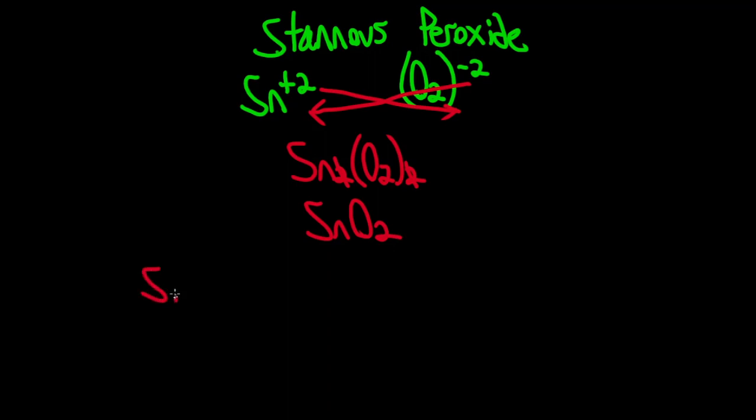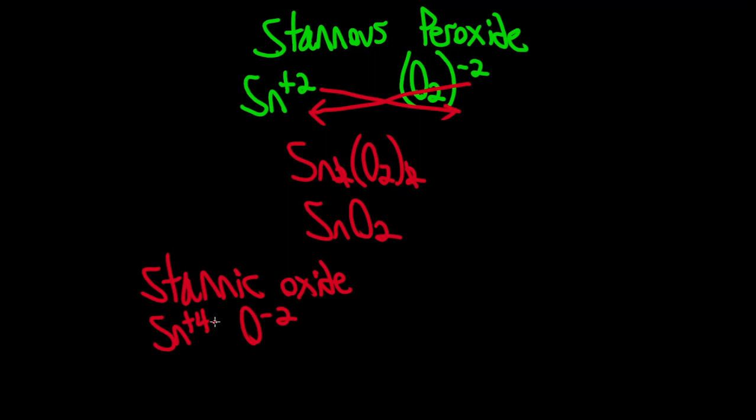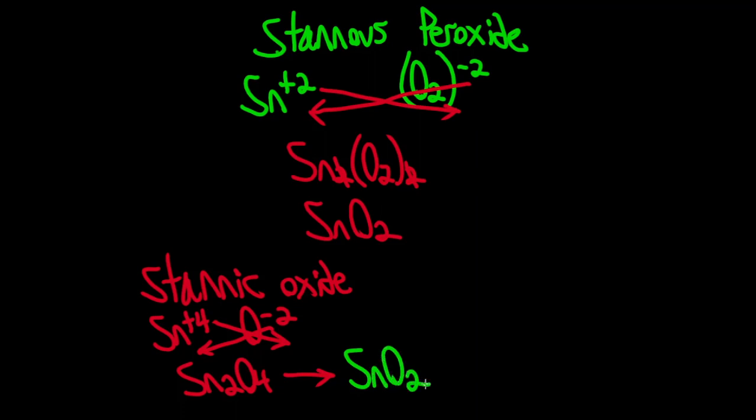All right, and you probably are looking at this and thinking, wait, this can also be the same formula as stannic oxide, not peroxide, which it can be. Okay, so stannic is +4, and I have O -2. Do my crisscross, and I end up with Sn2O4, and reduce that down to SnO2.